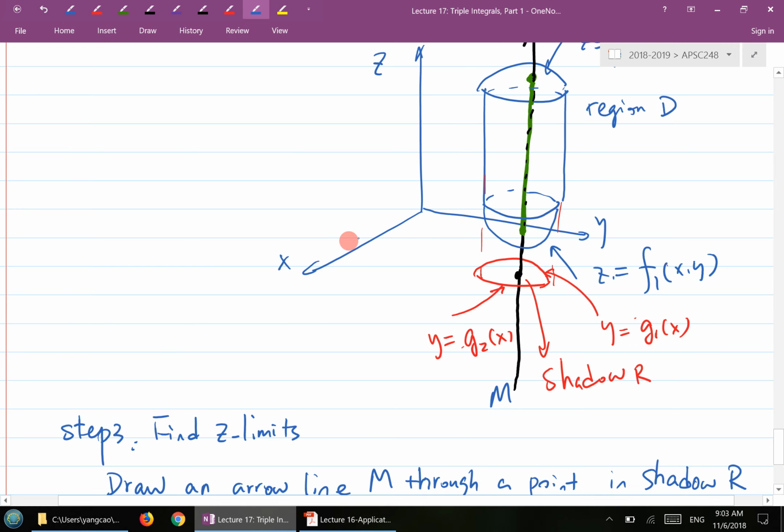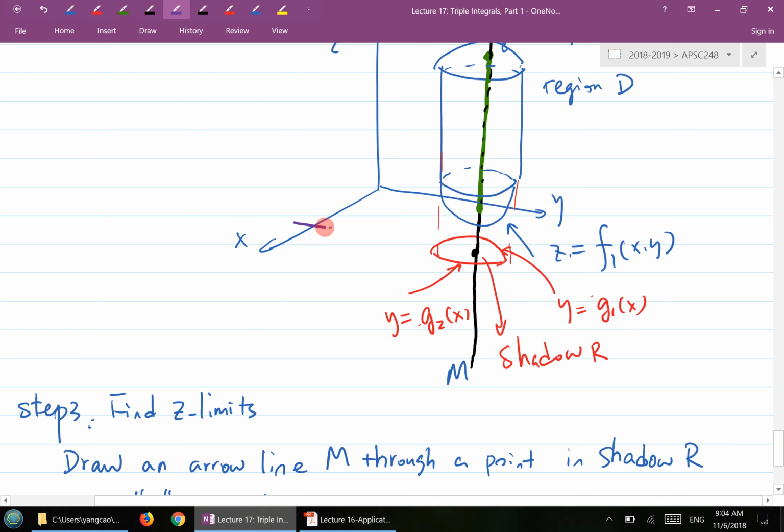You draw an arrow line, use a different color here. You draw an arrow line in the direction of the y-axis. Right, like a double integral. When you find the y-axis limit, what do you do? You draw an arrow line in the positive y-axis direction.